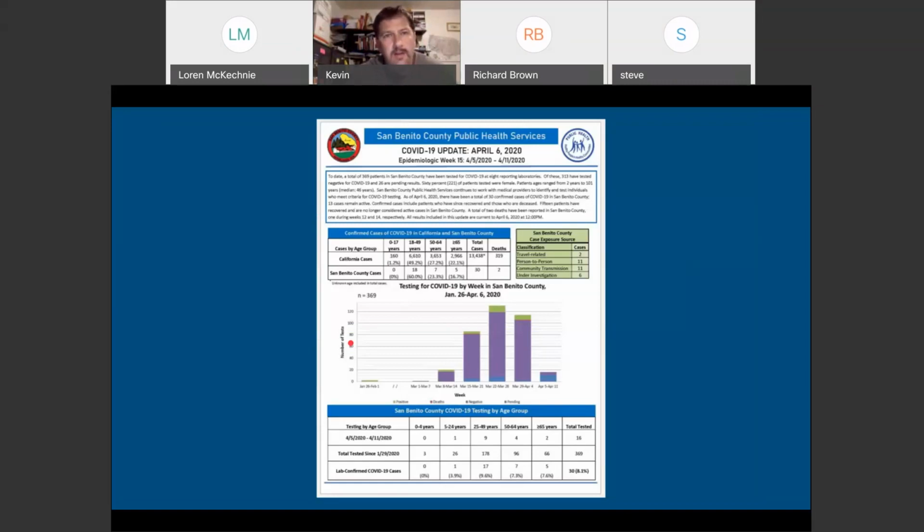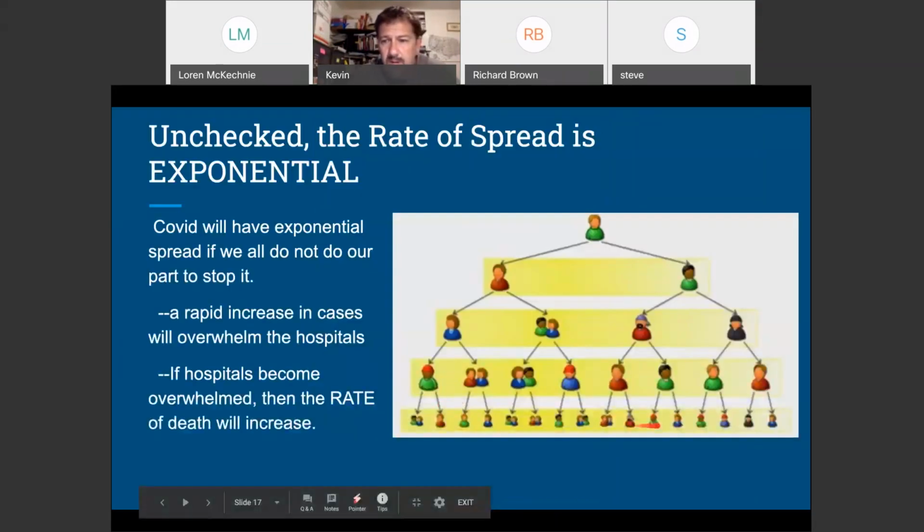Now, we can handle oxygen in the hospital for everyone who needs it, but we can't do it this week. All the few people who are going to do poorly with this virus, there are going to be some. We can help. We can do what we can. We can give them ventilators, but we can't do it if they all show up at the door today. So we can't handle all of these people knocking on the ER door today.